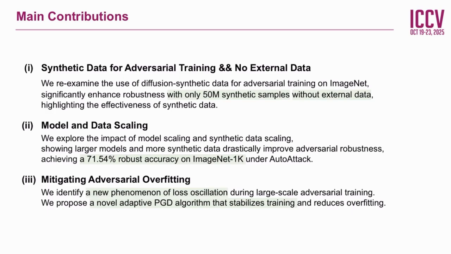By scaling both the model and synthetic data, we also achieve better performance on large-scale models, with around 71% robust accuracy on ImageNet-1K under AutoAttack. During this process, we also find and tackle a new phenomenon, a new problem: stabilizing the large-scale training.